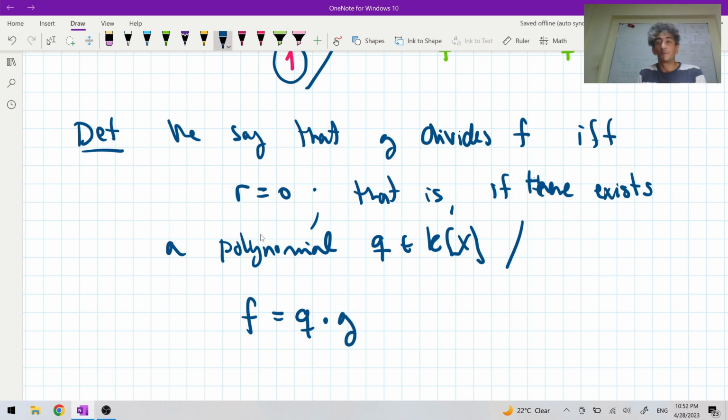In this case, the remainder is the constant 0. Okay, that's the definition.